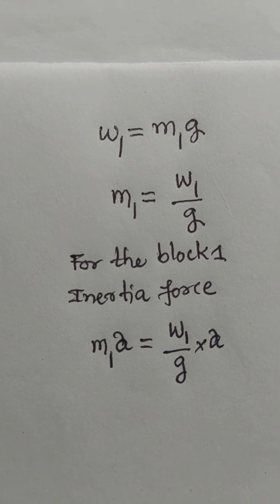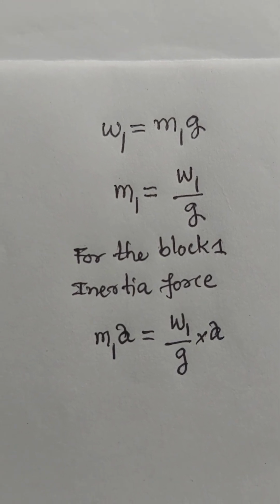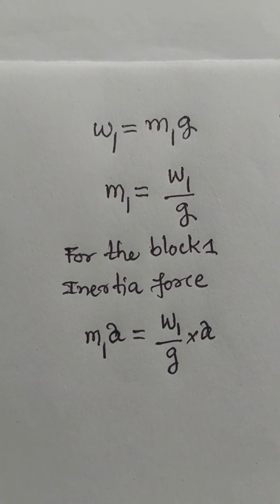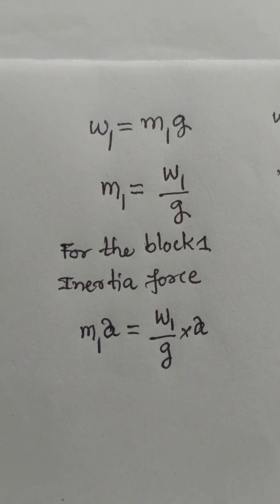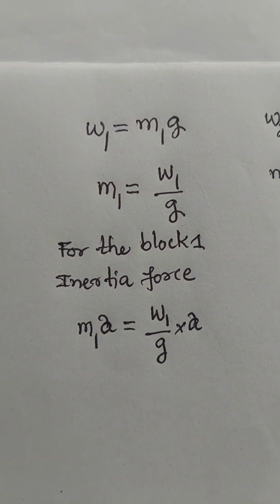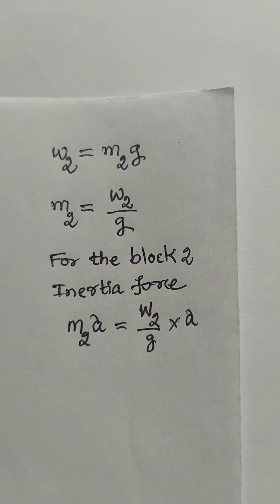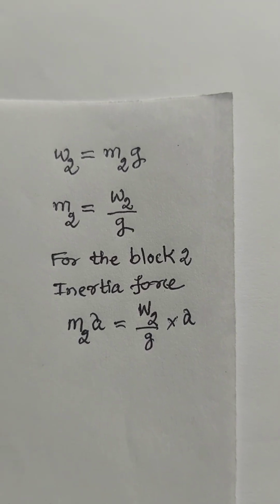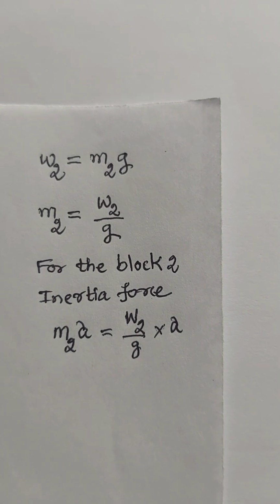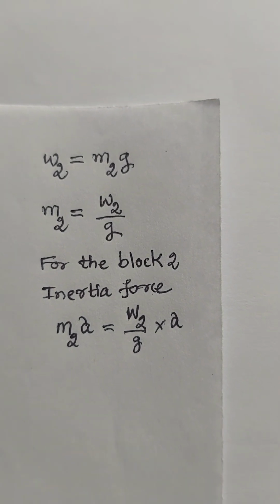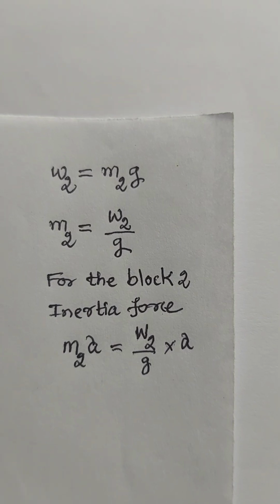For block 1, inertia force is equal to m1 into a, which is equal to W1 by g into a. For block 2, the inertia force is m2 into a, equal to W2 by g into a.